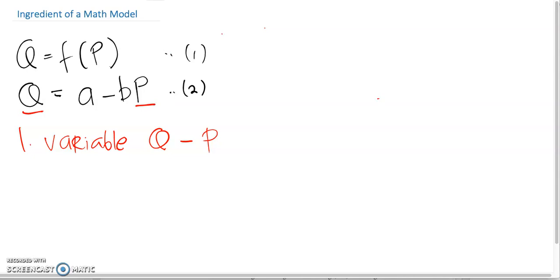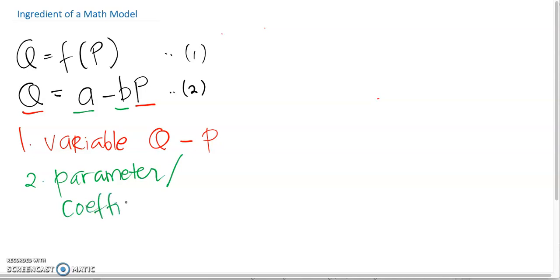Now, what is the second ingredient? From this second equation, there are A and B. A and B are called parameters, or they are also known as coefficients, or sometimes said to be constants.